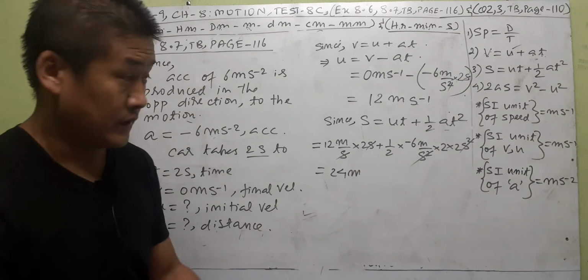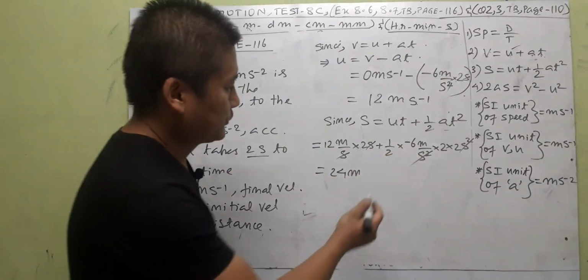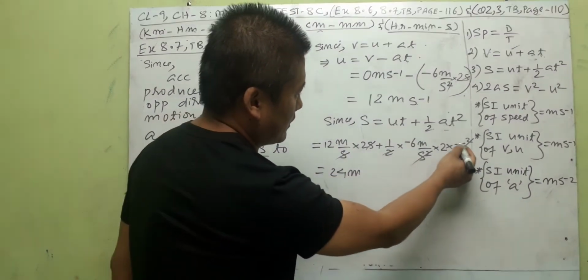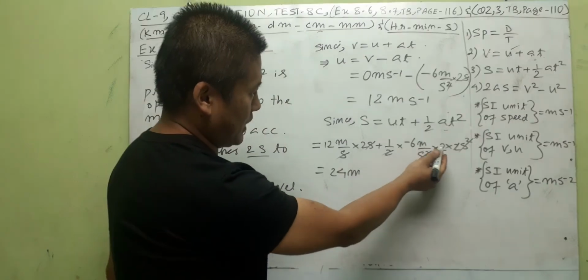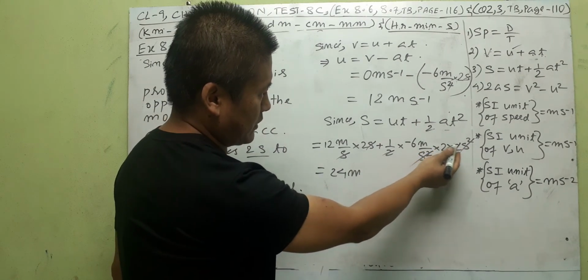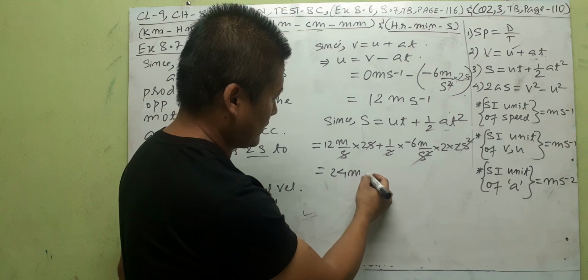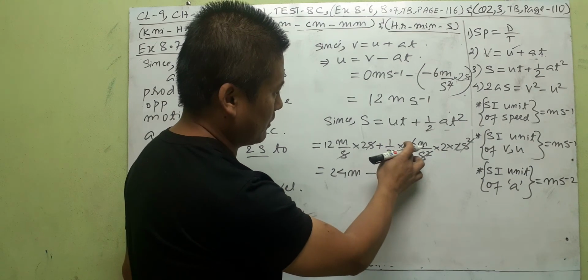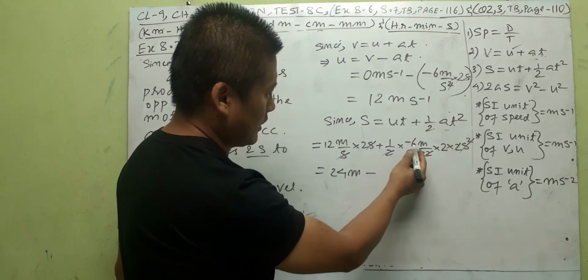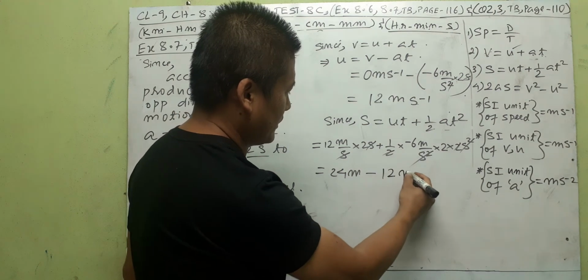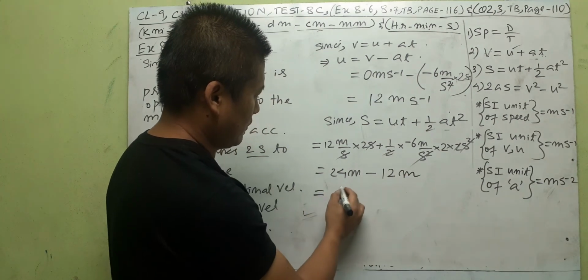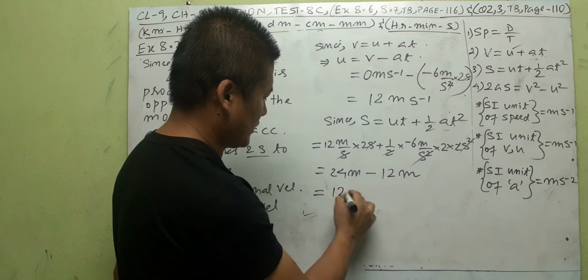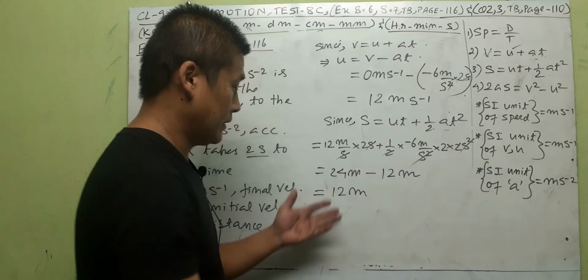Then be careful with this here, there's a minus, so 2 and 2 cancel, and minus into plus is minus. 6 2s are 12 meter, so that will be 24 minus 12, which is plus 12 meter. So this is the distance moved.